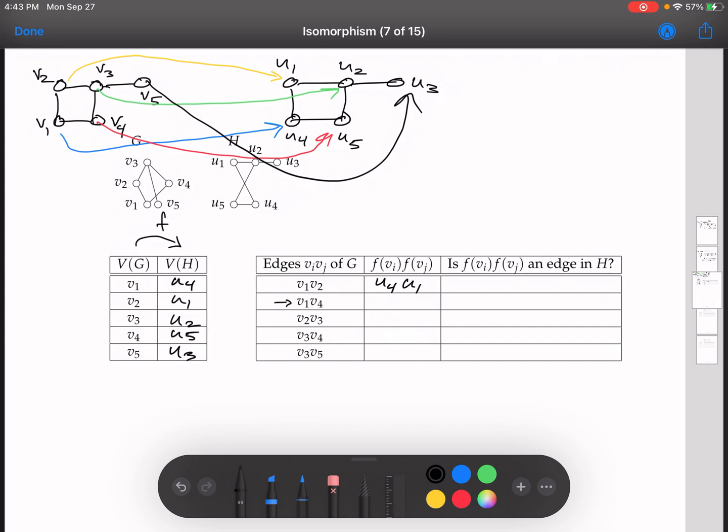Now looking at this one, v1 goes to u4, v4 goes to u5, v2 goes to u1, v3 goes to u2, v3 goes to u2, v4 goes to u5. Okay, now looking at this one, v3 goes to u2, v5 goes to u3.